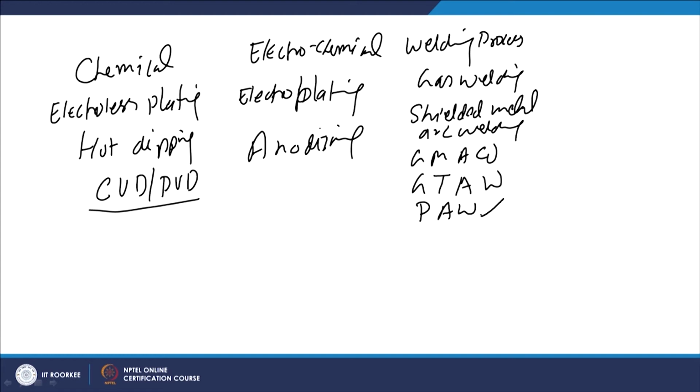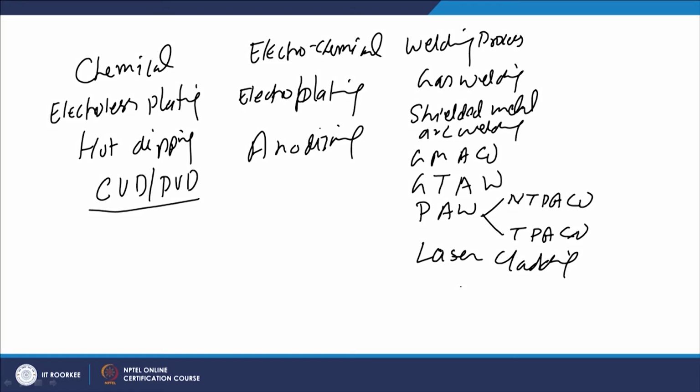There are two variants, non-transferred plasma arc or transferred plasma arc welding. So, both these are welding processes. And then laser is also applied for this purpose. Laser cladding is one of the commonly used processes for modifying the surfaces.